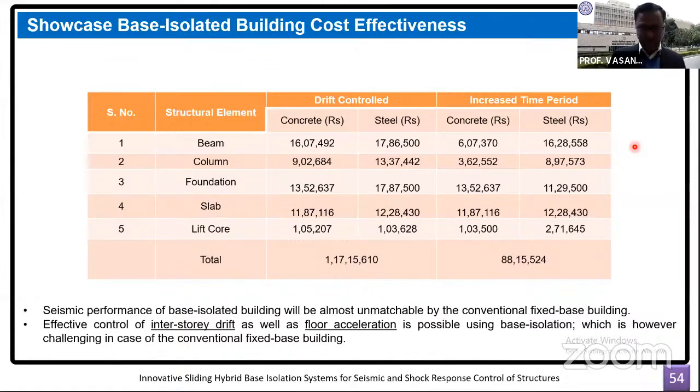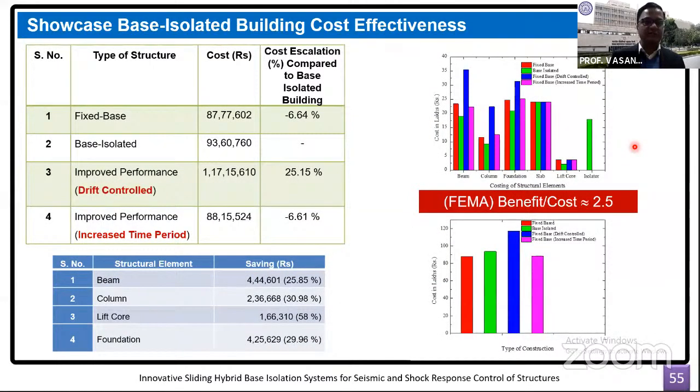So base isolation remains unbeatable when it comes to the interstory drift and the floor acceleration. It is not possible to achieve the kind of drift and the floor acceleration we achieve in base isolation in the conventional fixed base building.